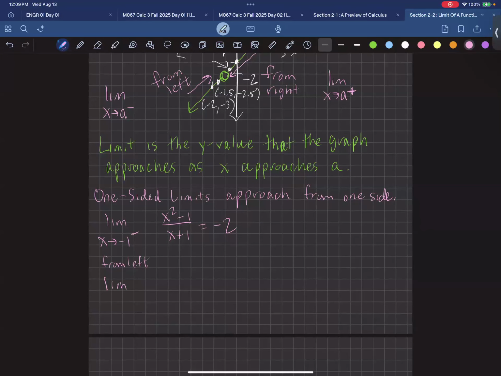And the limit as x approaches -1 from the right of x squared minus 1 over x plus 1 was also -2.